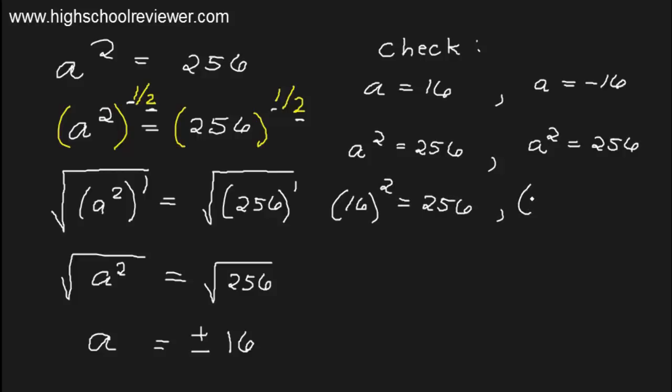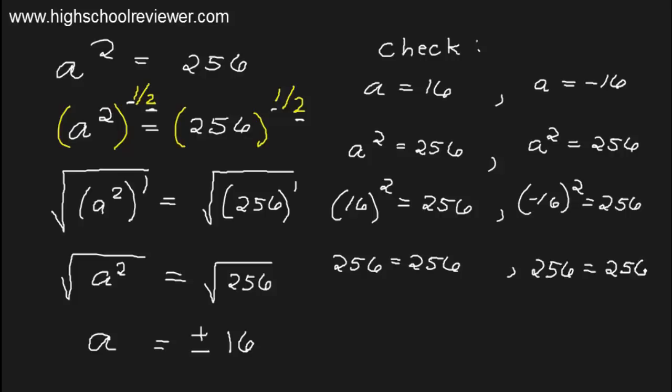We have here negative 16 raised to the power of 2 equals 256. So 16 raised to 2 is 256, and this is equal to 256. Negative 16 raised to the power of 2 will be positive 256 equals positive 256. So therefore, our two answers are correct.